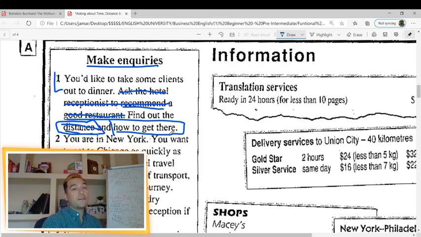Now, we need to find out how to get there. We need a question to ask. Hey, can we make a question? How is? No, this is not a question for directions.